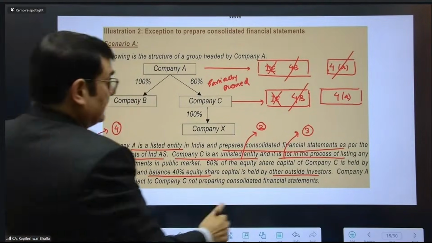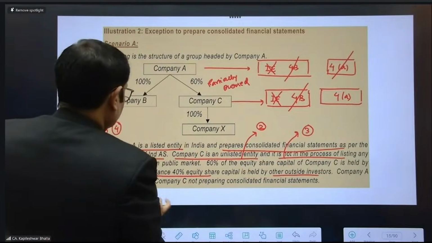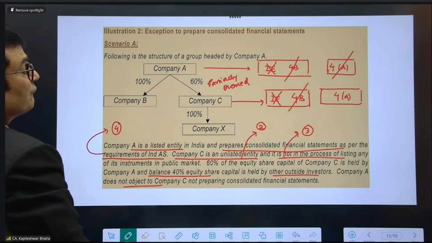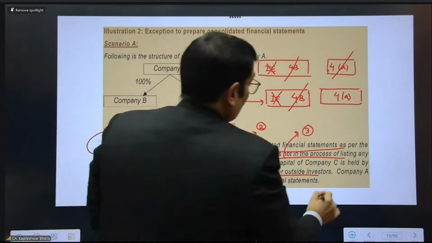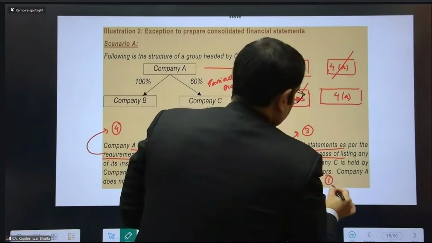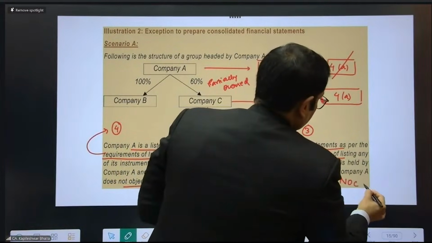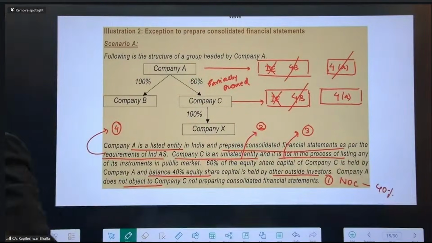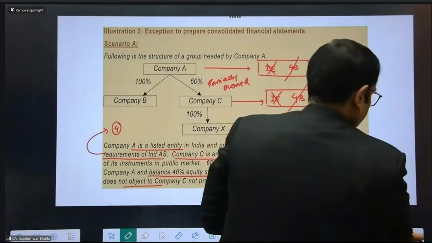It says company A does not object to the company not preparing consolidated statements, but I think I need to get that 40% NOC. So on the presumption that you get an NOC from that remaining 40%, then I would say company C gets the choice of not consolidating.